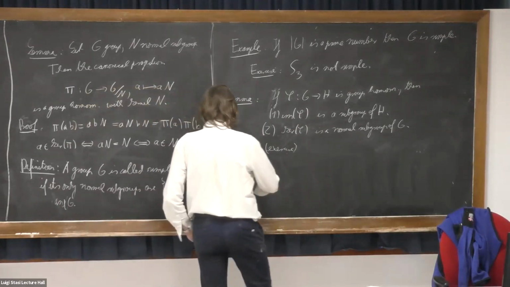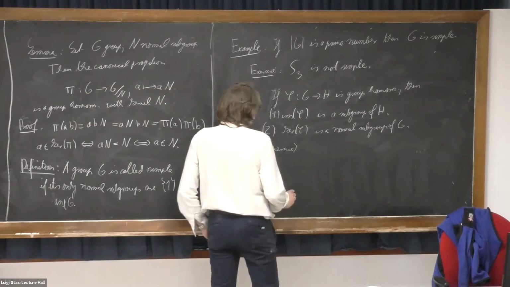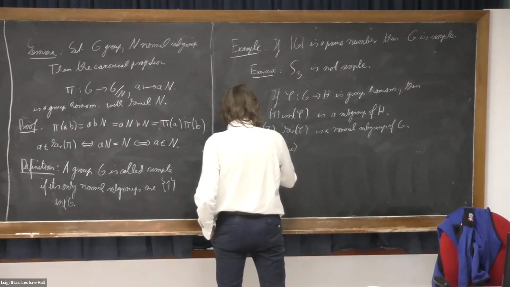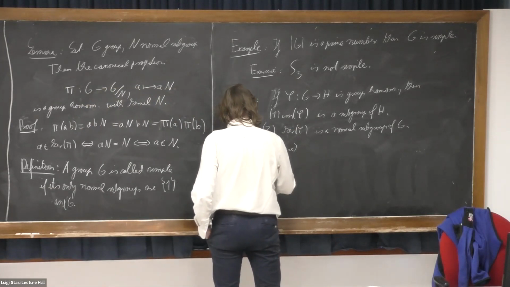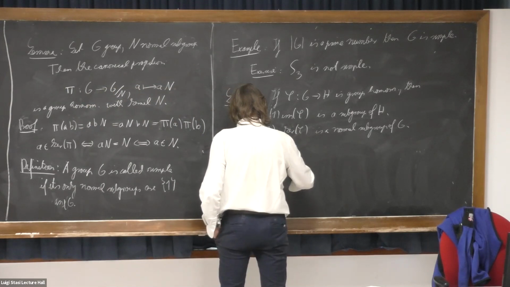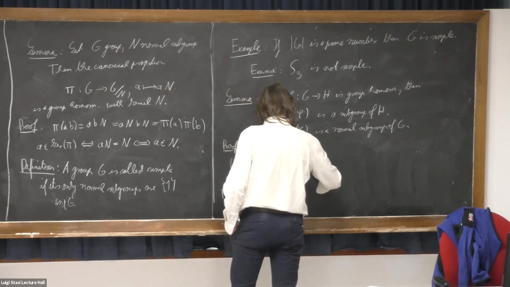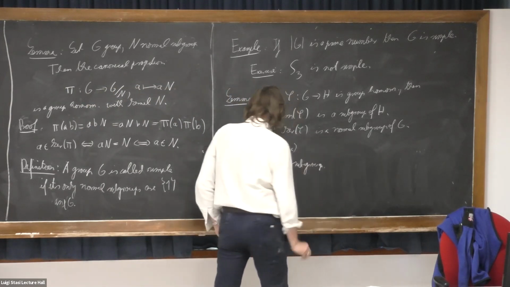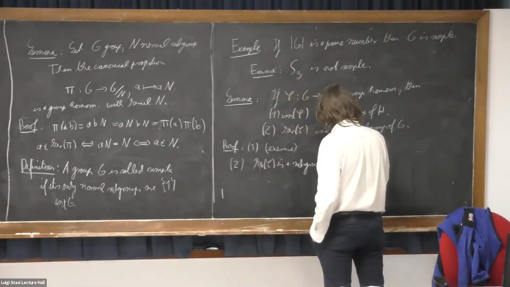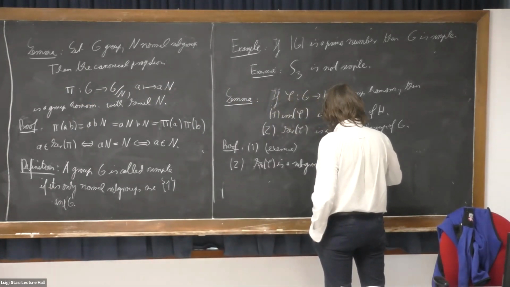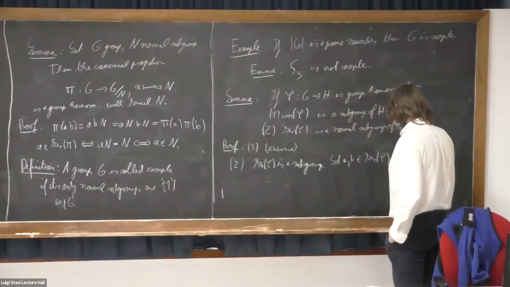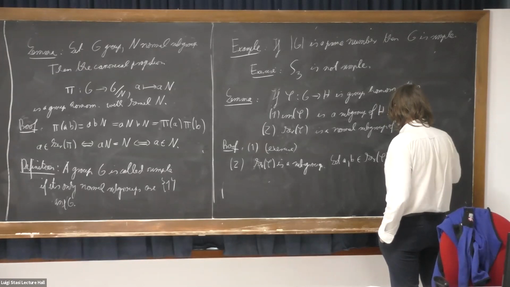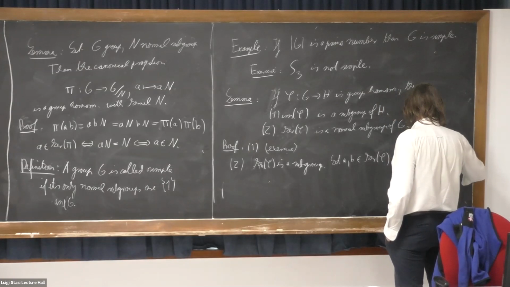So first one has to see that the kernel is a subgroup. So let A and B be elements in the kernel of P. That means P of A is equal to P of B is equal to 1.